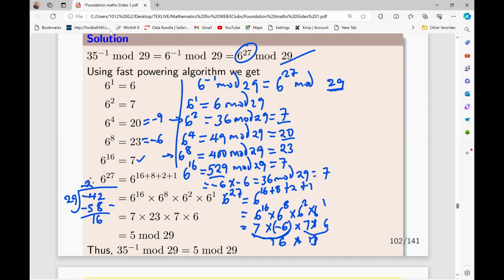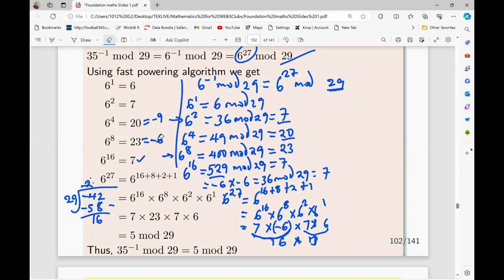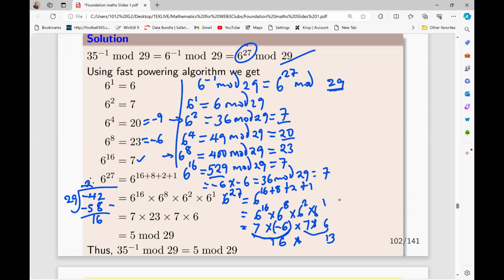I'm just showing you a different way of doing these things, because I already told you that sometimes the numbers could be bigger than you can handle with your calculator. So you have to pair them, then after pairing, you work with them. So what is 16 times 13? That is 208.